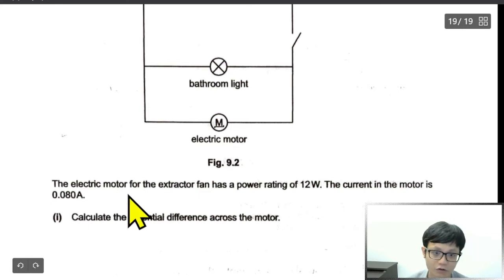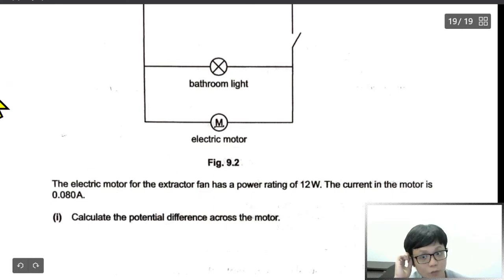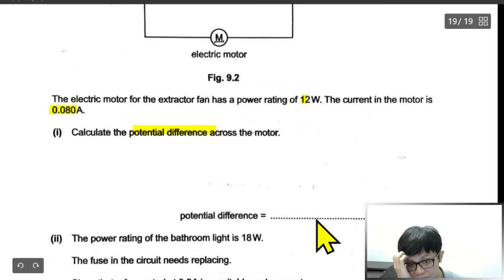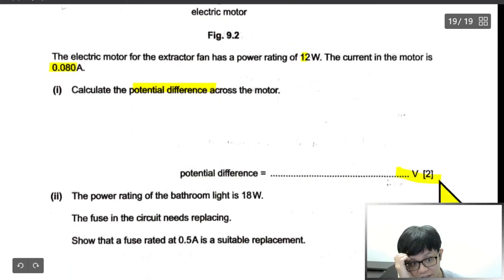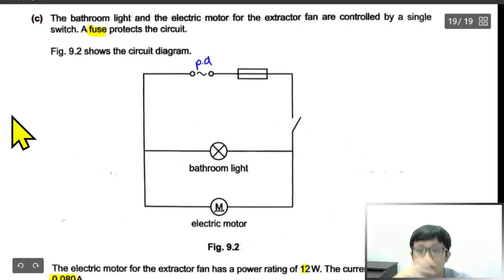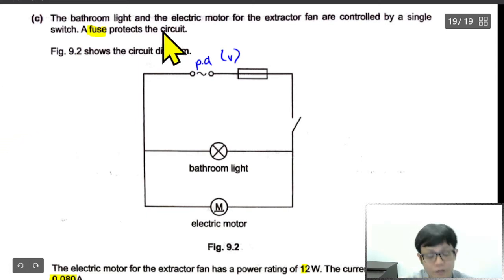The electric motor for the extractor fan is rated 12 watt and 0.08 ampere. Calculate the potential difference. But what is the unit for potential difference? Here it's already mentioned as watt, so it's watt. Let's write out the information given by the question.